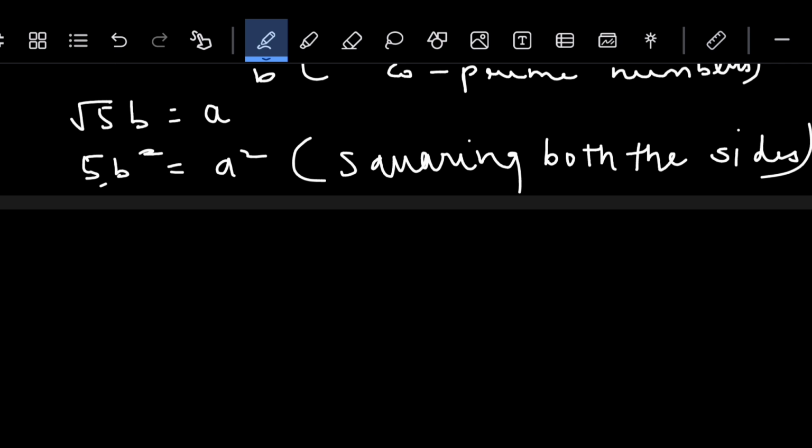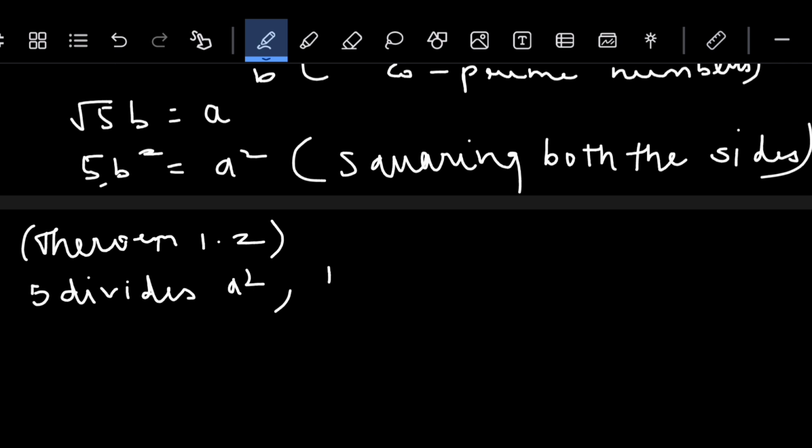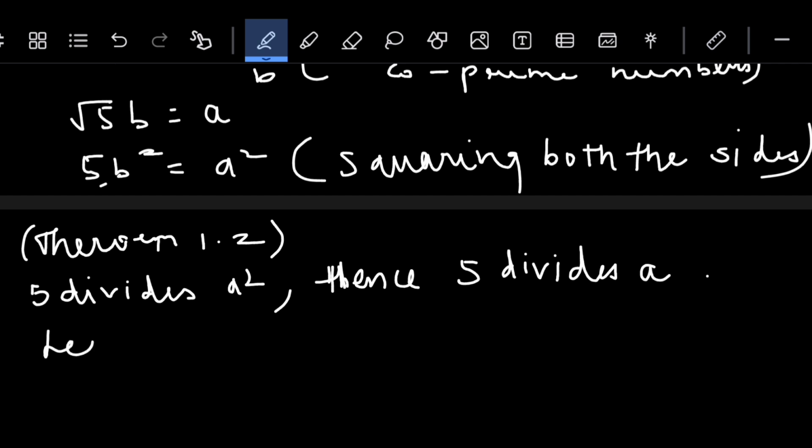So here I'll write the theorem 1.2 from your textbook, and we'll say that 5 divides a square, hence 5 divides a.